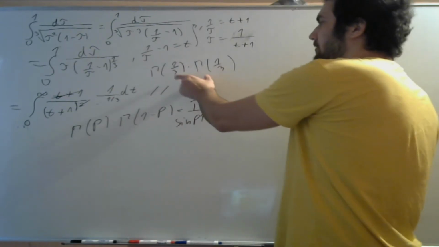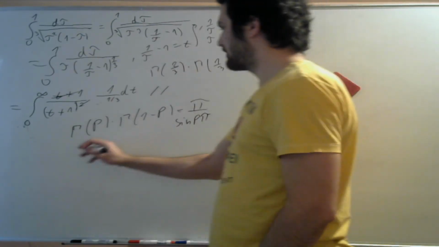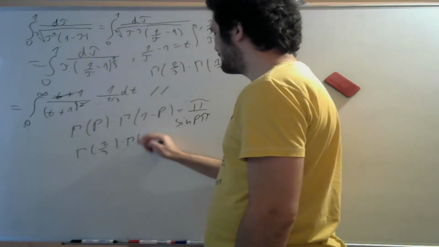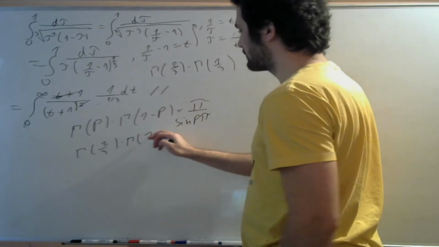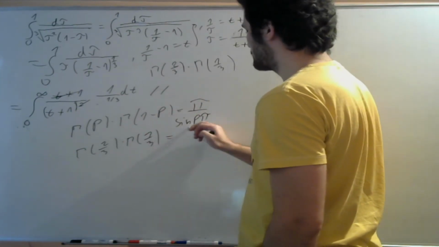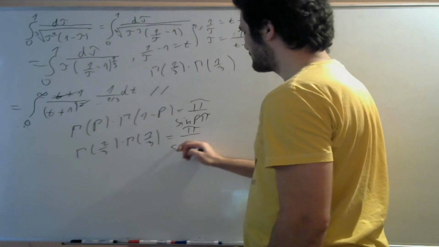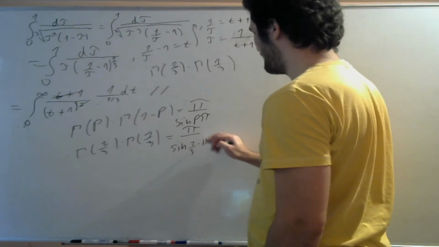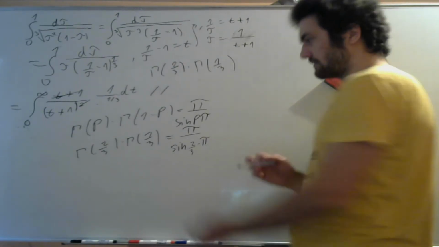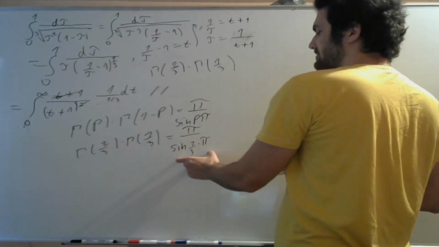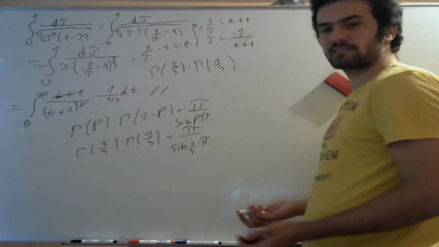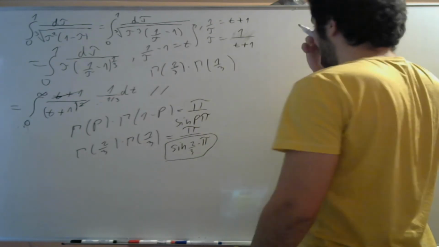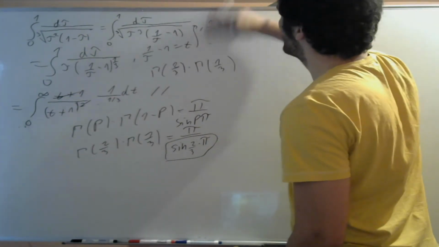If we put 2 over 3, we will have gamma of 2 over 3 times gamma of 1 minus 2 over 3, which is 1 over 3, which equals pi over sine of 2 over 3 times pi. And this is exactly the value we need to find. And now what's left to do is to find the sine of this, because this is just a constant.